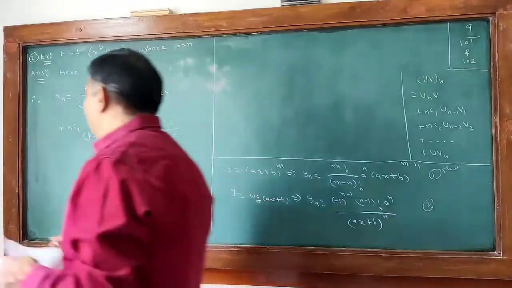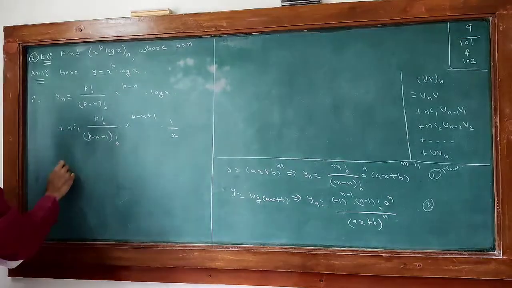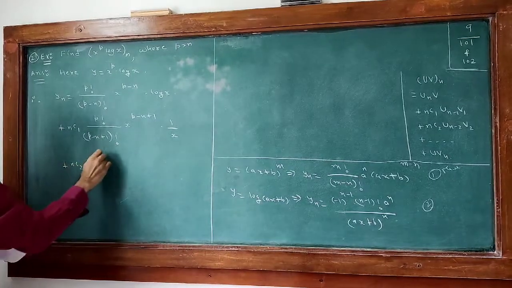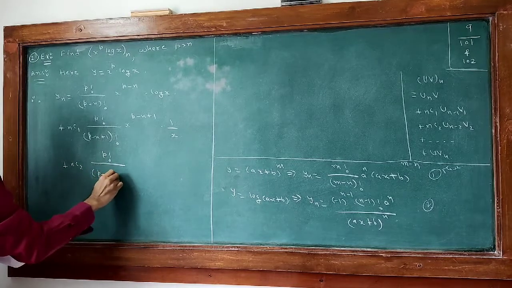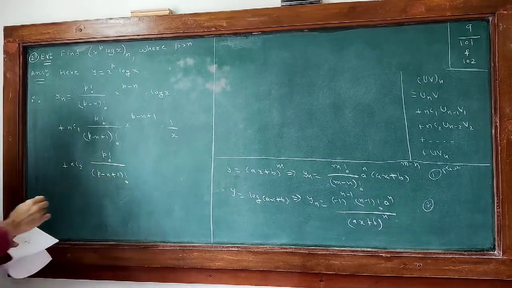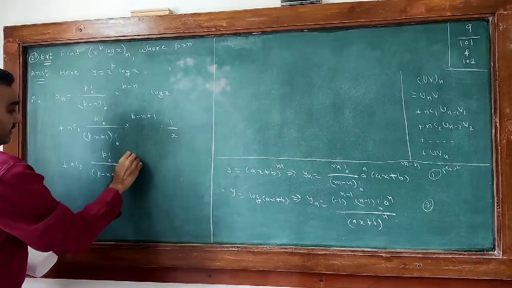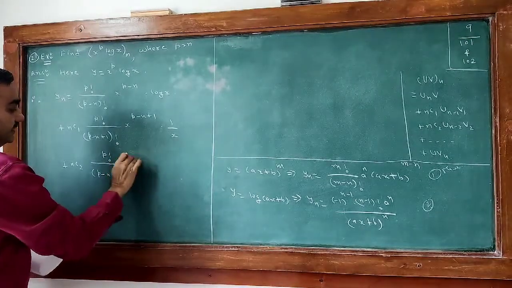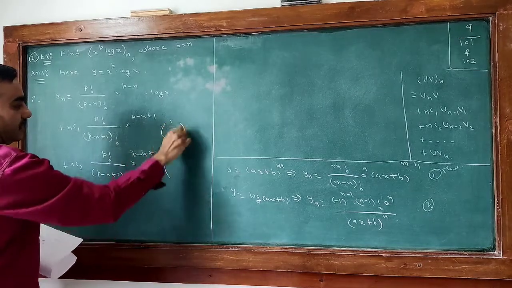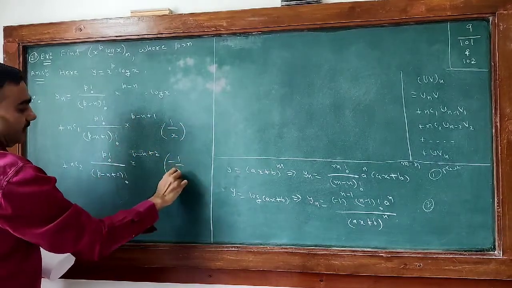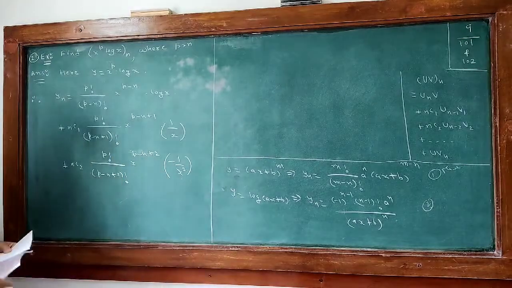Plus nC2 p factorial upon p minus n plus 2 factorial, x raised to p minus n plus 2, and the differentiation of log x is 1 upon x, and now the next is minus 1 upon x square.